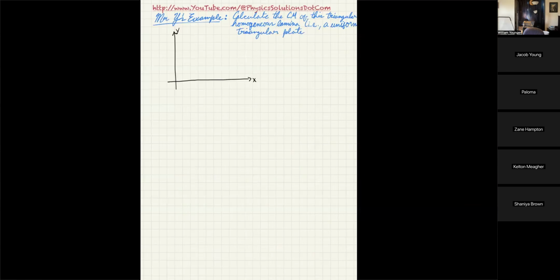So in physics language, we would just call that a uniform triangular plate. In the math world, they would call that a homogeneous lamina.